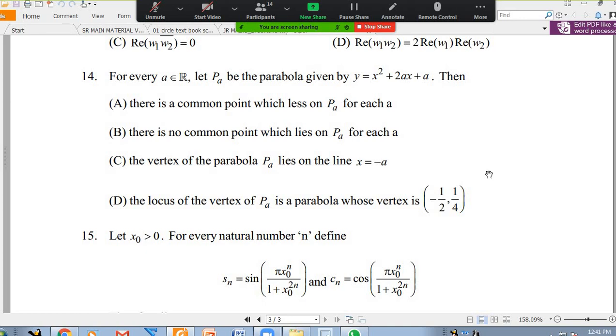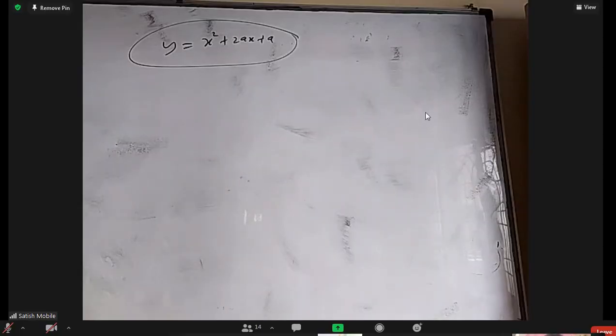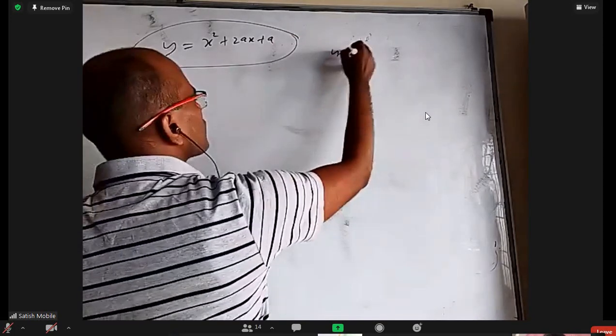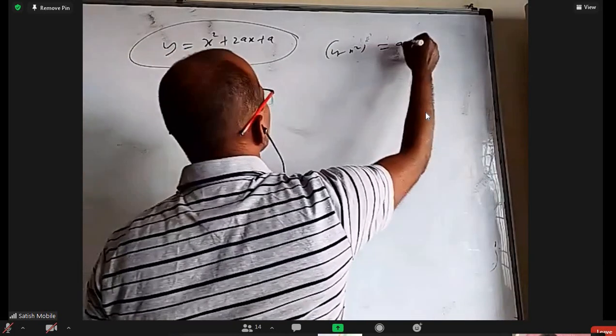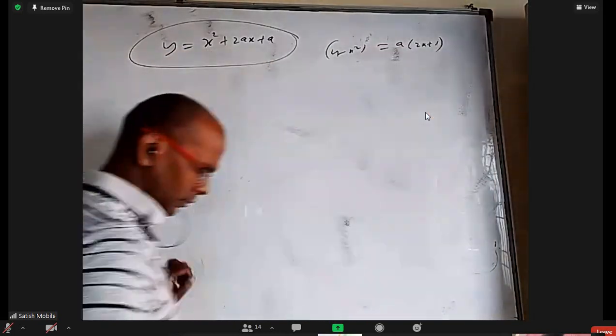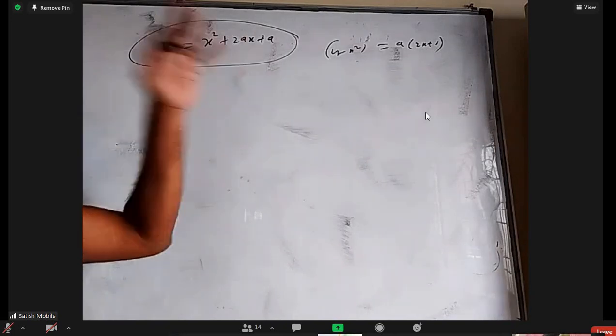As you change a, you will get different parabolas. First, we'll understand them and then we'll talk about it. As you change this a, it is a different parabola. I can adjust this as y minus x square equal to a into 2x plus 1. It is a new parabola passing through the point of intersection of these two.